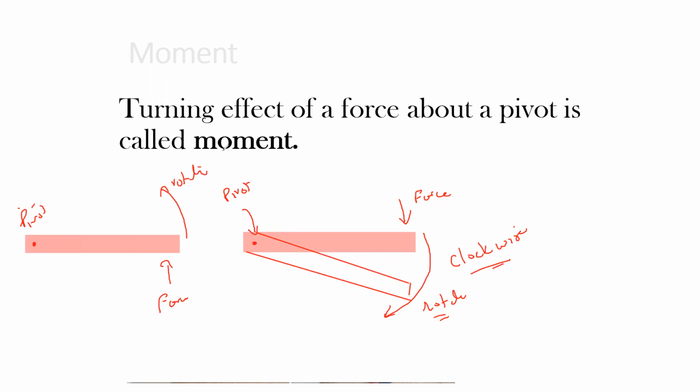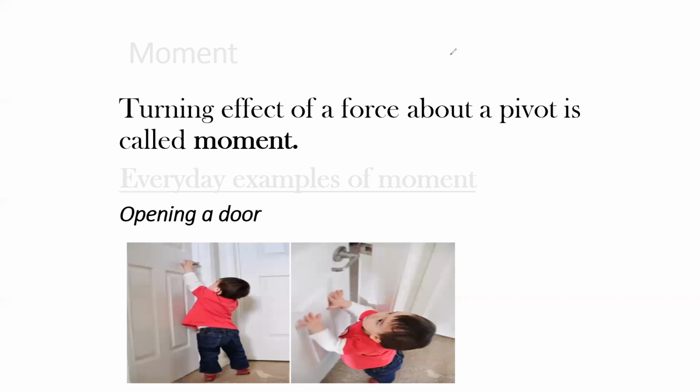Because it is opposite to the direction in which the hands of a clock rotate, we call that anti-clockwise, or you can say counterclockwise. So you have a moment in both ways, clockwise or anti-clockwise.